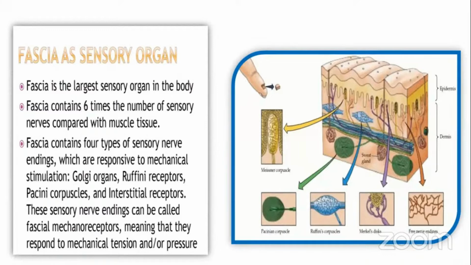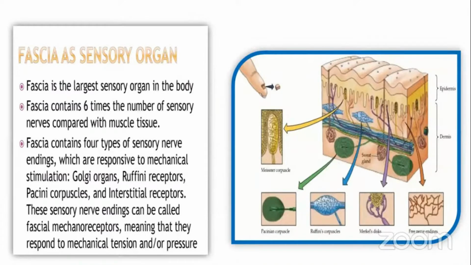Ada 4 types of sensory nerve endings yang responsif, bertanggung jawab pada stimulasi mekanikal. I see the picture for Golgi organ, Ruffini receptor, Pacini corpusculus, and interstitial receptor.